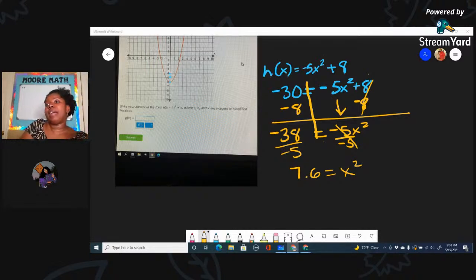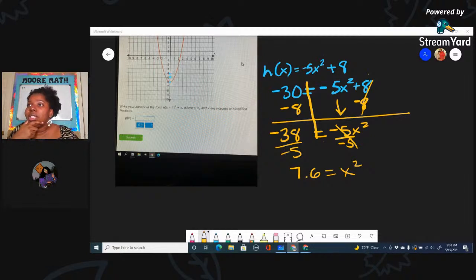Like if you had 5 squared is 25, you would do the square root of 25. That's the opposite to get back to 5. So on your calculator, do that square root. So square root of 7.6? Yes. Okay. It'll be 2.7.